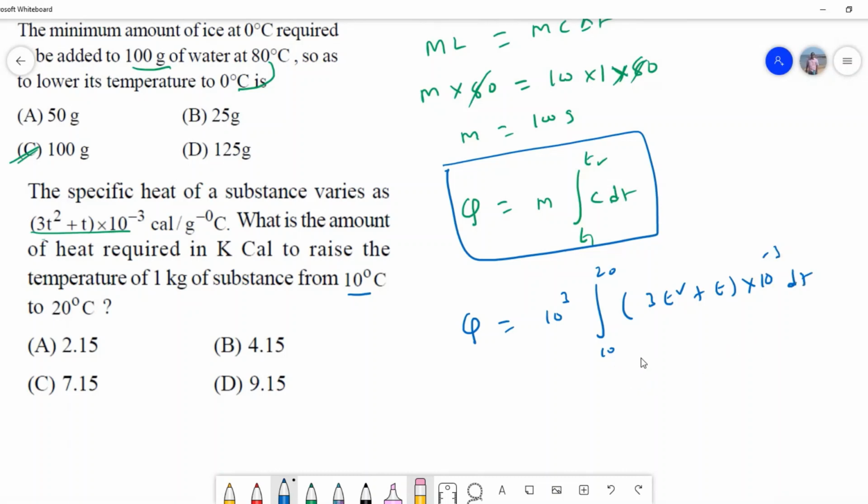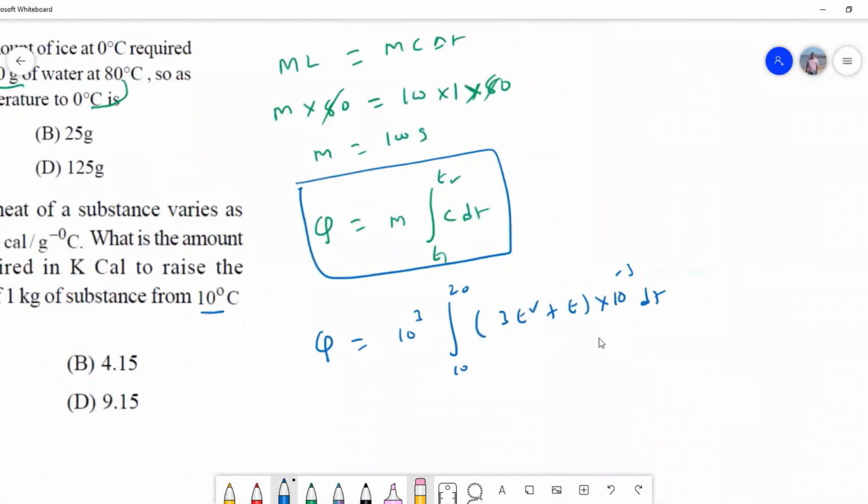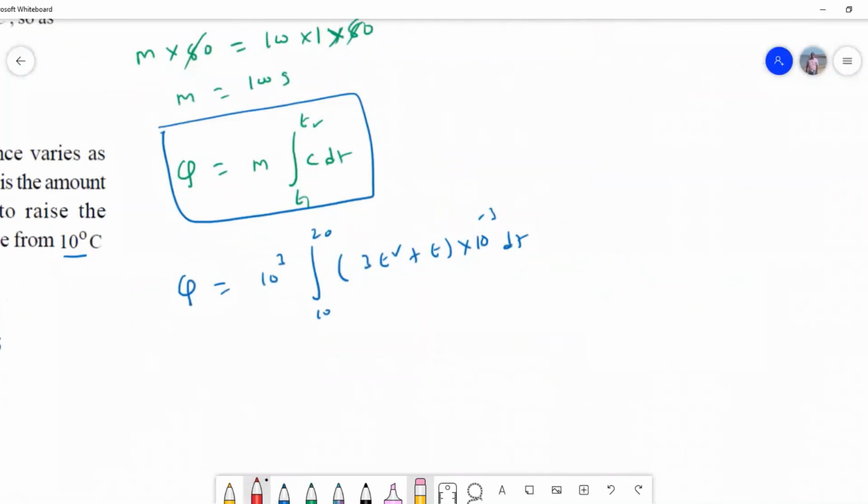So let's simplify. The next is only simplification. Clearly 10 power 3 and 10 power minus 3 cancel. So if I take the integral, that is 3t cube by 3 plus t square by 2 from the limits 10 to 20. Again 3 cancel. Apply the upper limit.